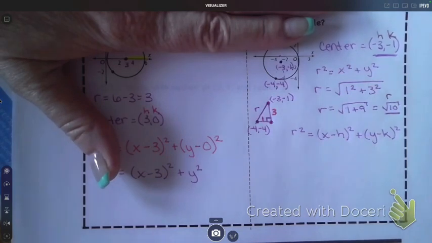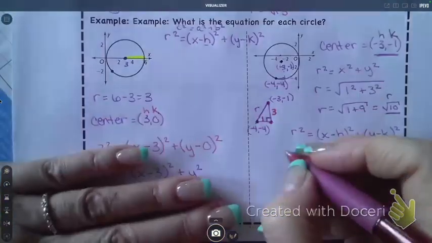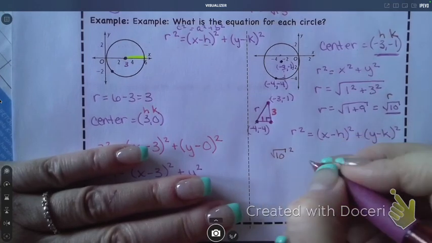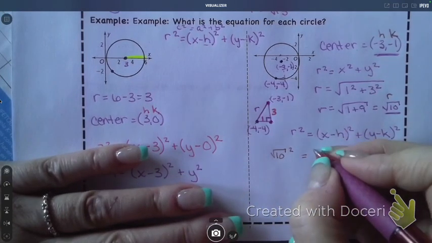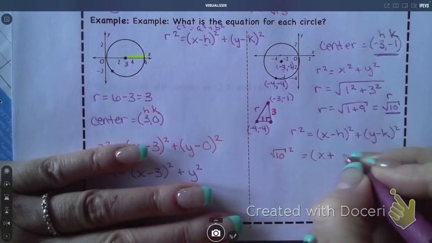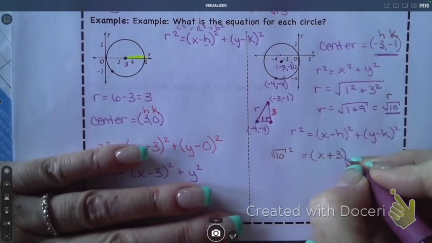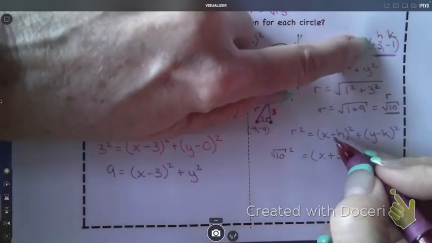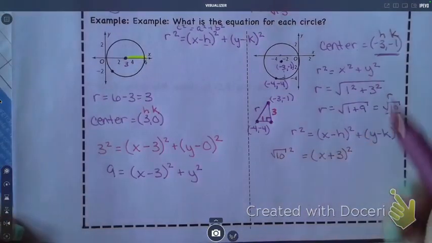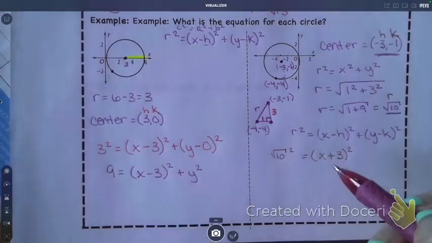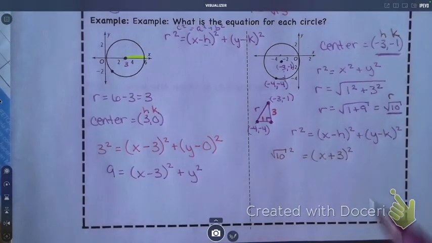So now I plug it in, right? So I have the square root of 10 squared equals x plus 3. Why is it plus 3? Because it's opposite. I want, like, yes, it is the opposite sign. We know it's the opposite sign, but what math makes it the opposite sign?